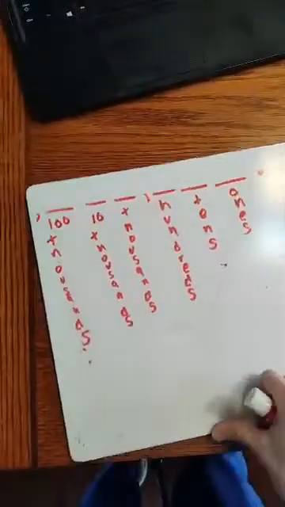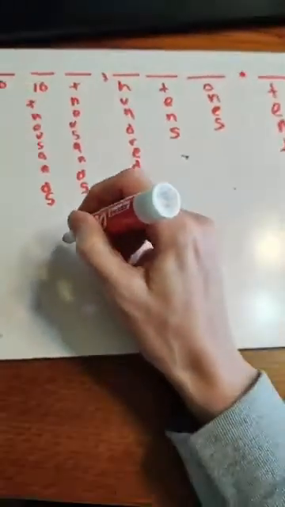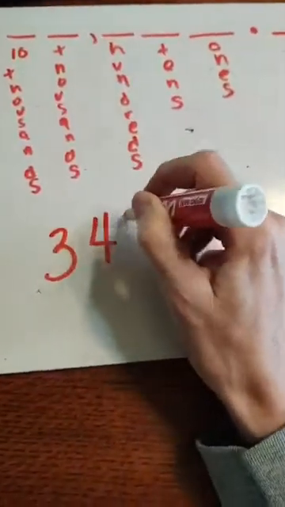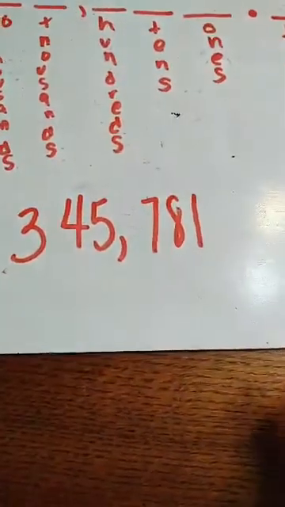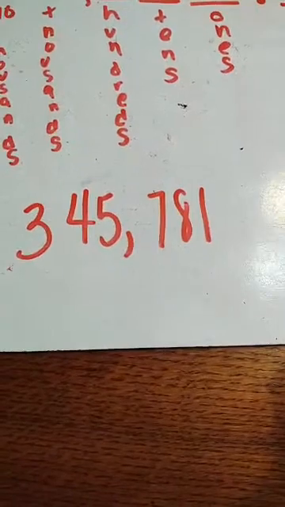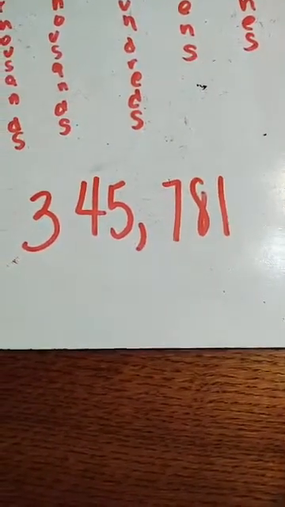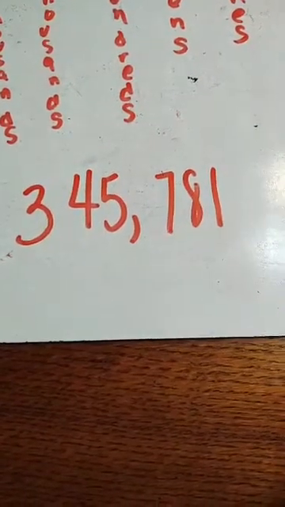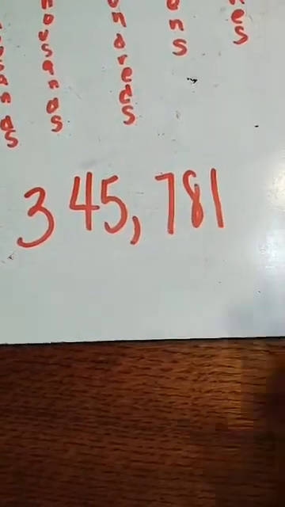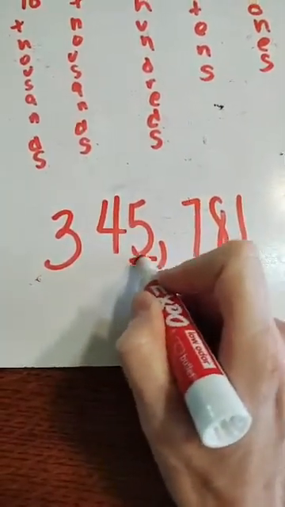Now we are going to round to a certain place value. Let me throw a number on here. I want to round to the nearest thousands place. First of all, we have to figure out which number is in the thousands place: ones, tens, hundreds, thousands.